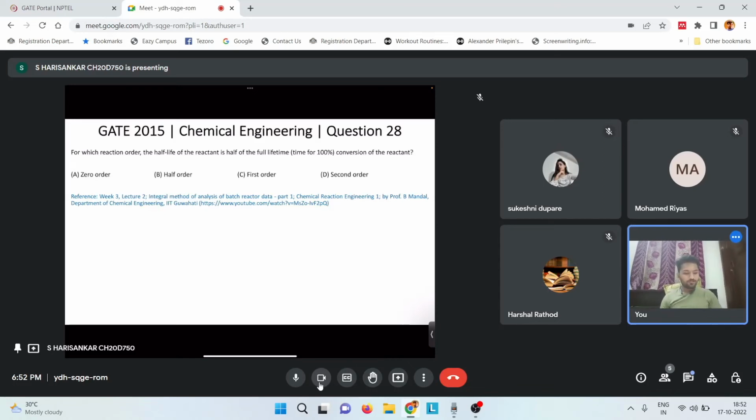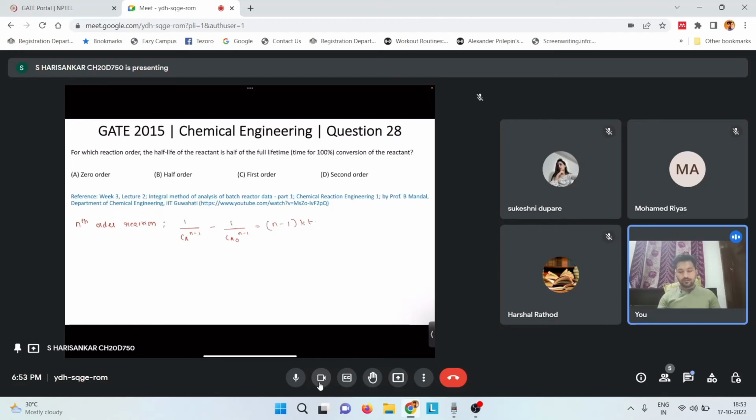To proceed with this question, let us first start by writing the general equation for nth order reaction. The general equation is 1 by Ca raised to n minus 1 minus 1 by Ca0 raised to n minus 1 is equal to n minus 1 into Kt.